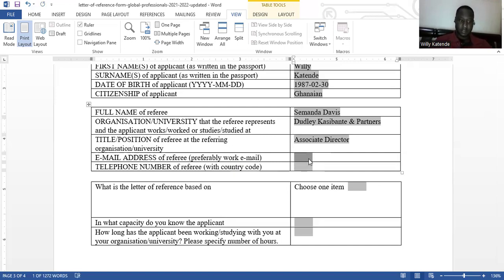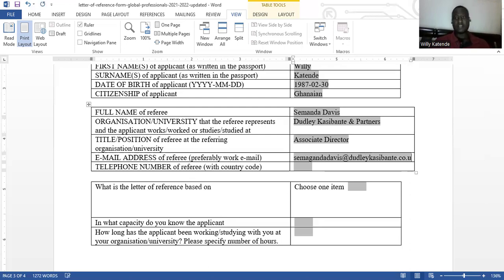Let's say William Senna Ganda Davis at Dudley Kasibante.co.ug or .ug.